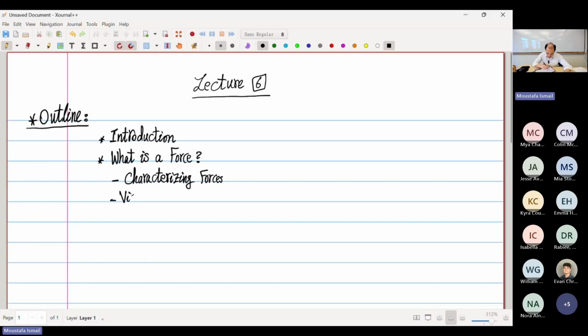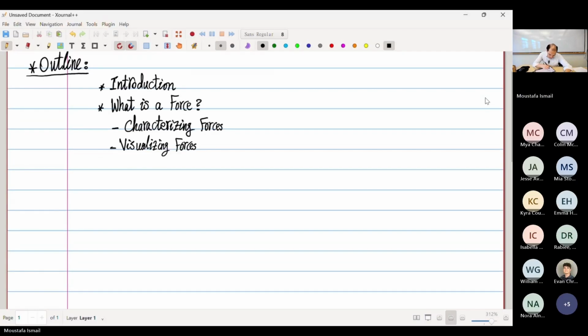And this is where vectors come in handy. After that, we're going to get introduced to many forces. So it's a catalog of forces where we discuss about 6 forces.